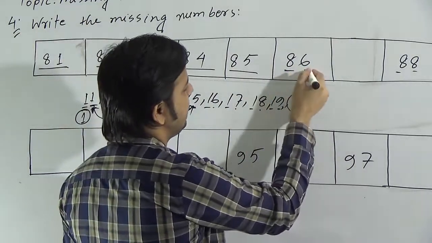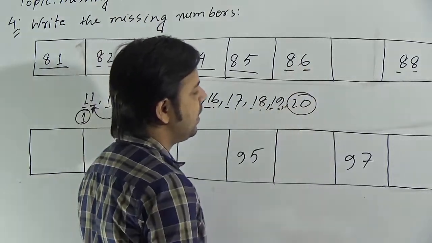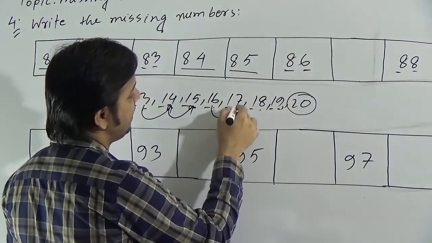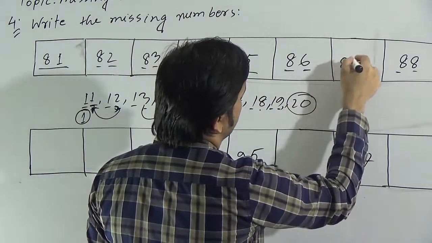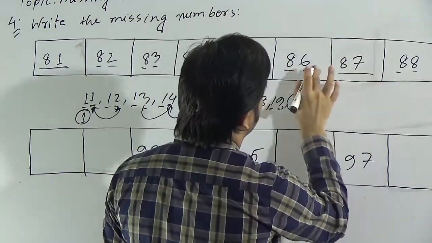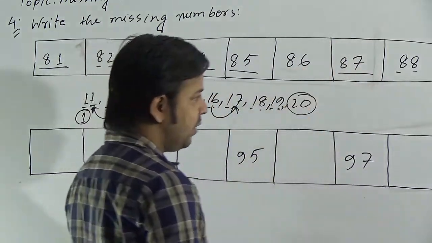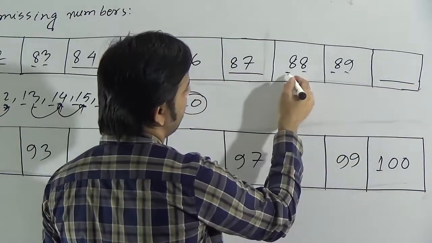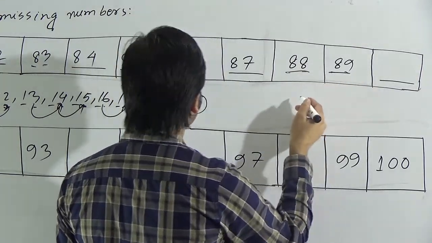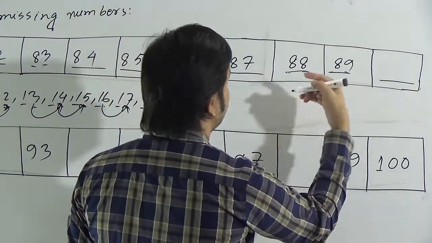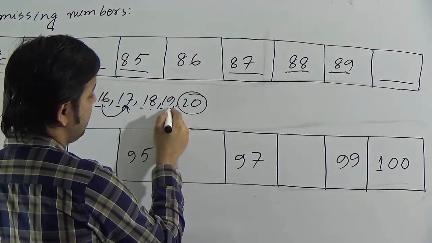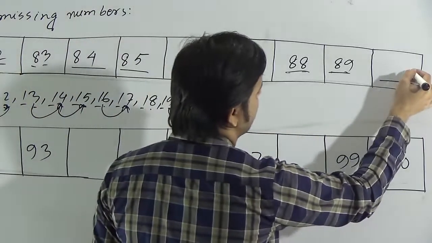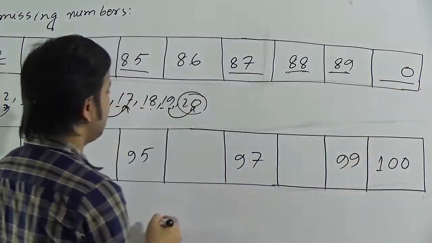Now 86 is given. What is the next number after 86? After 6 the one's position is 7, so we can write here 87. This is also a missing number. Now we have to fill up the last gap. Here is 88, here is 89, and after 9, dear students, observe, we get 0 in the one's position.